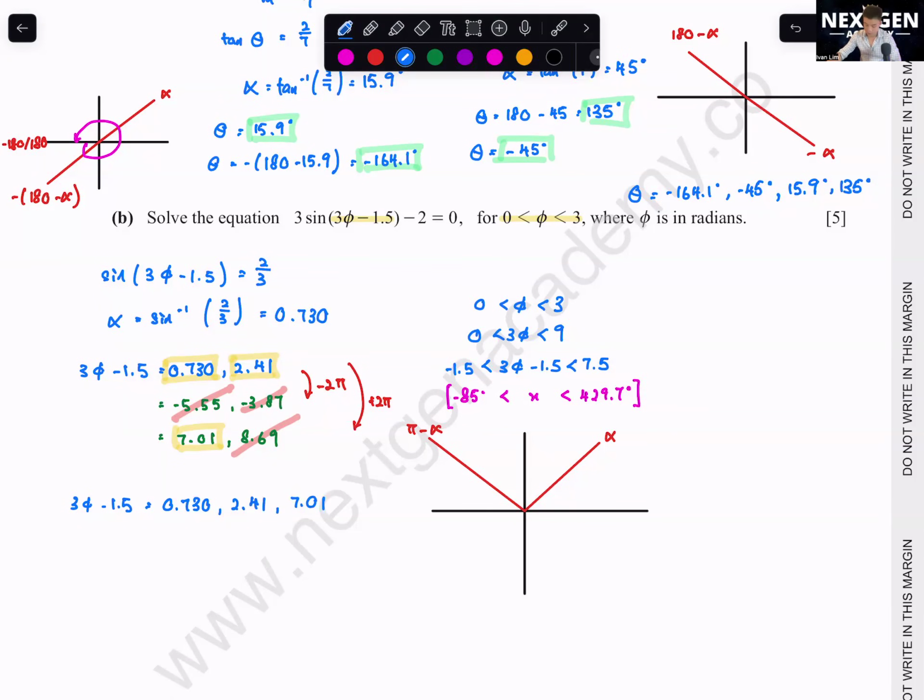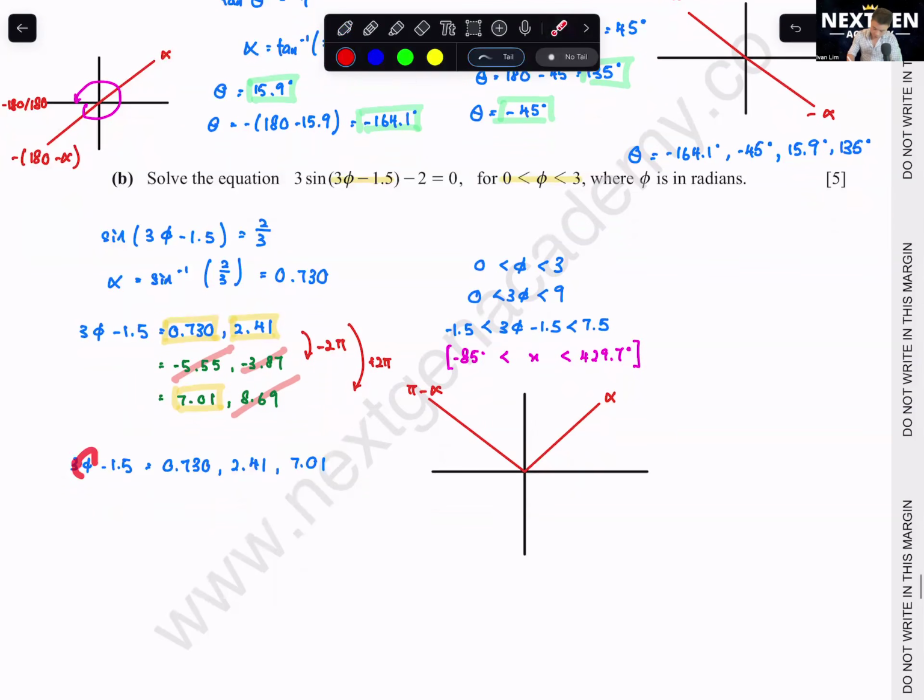You got these three answers here. Now for all the values, we want to find what is phi. So we will take all the values plus 1.5, then divide by 3. Go and do this for all the three values.